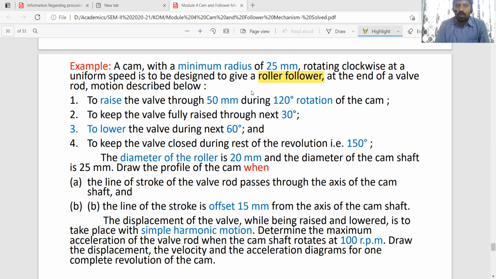So all these factors will influence the CAM profile. As you know how we incorporate these input parameters in that, you might have got some idea by the previous examples which we solved in the classroom.